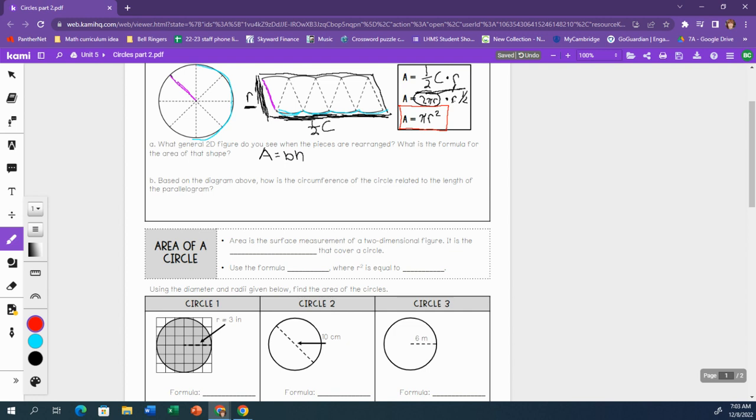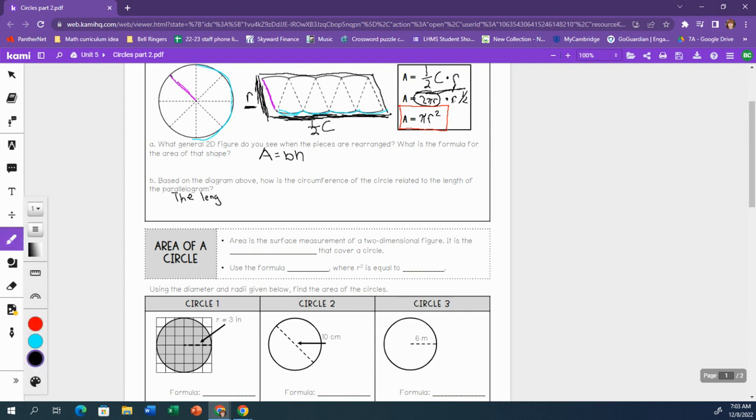Okay? So based on the diagram above, how is the circumference of the circle related to the length of the parallelogram? Okay? Well, let's just answer this question.